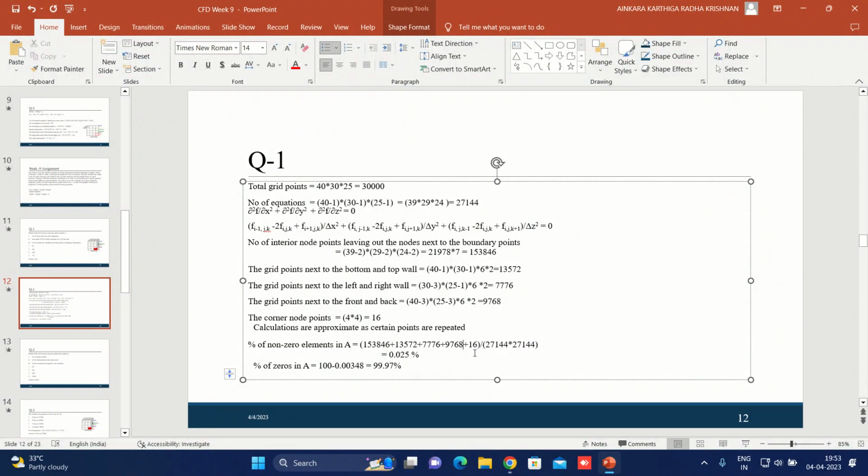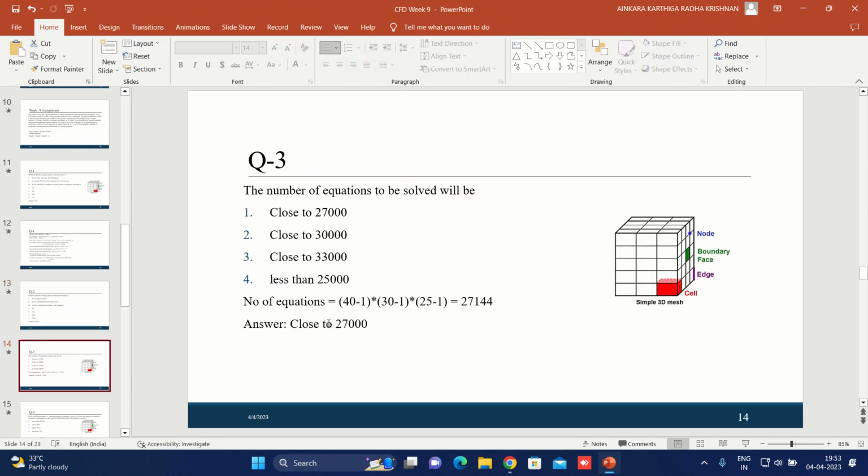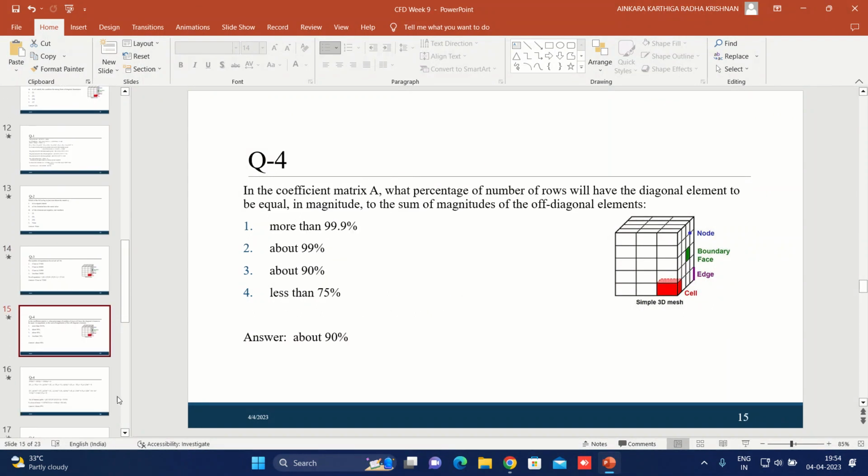So yeah, this sum is solved, and one more remaining one is 27,000, and it is 90,000.